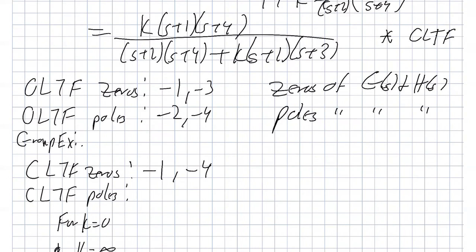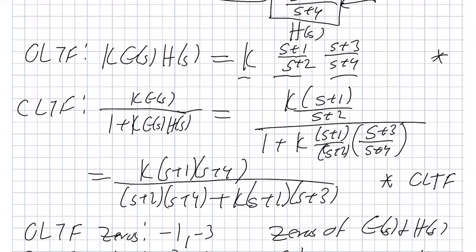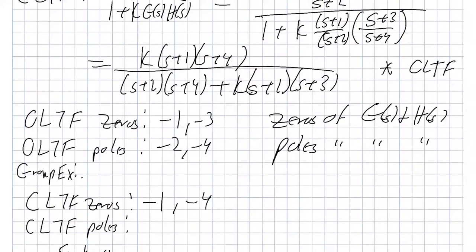Coming back up here, we got -1 from here and -4 from here. So the closed loop transfer function zeros are simply the zeros of G of s and the poles of H of s.